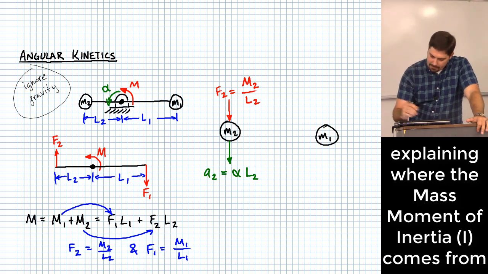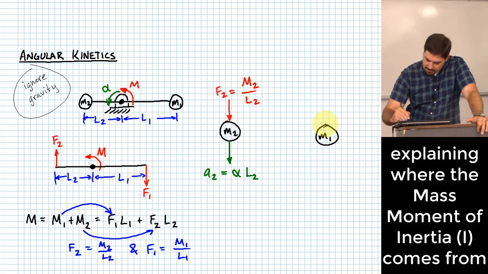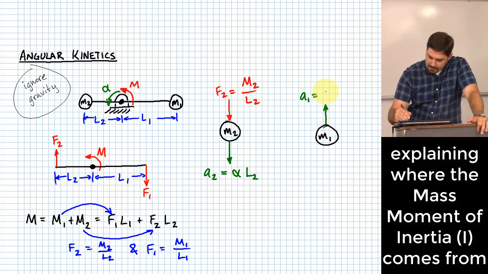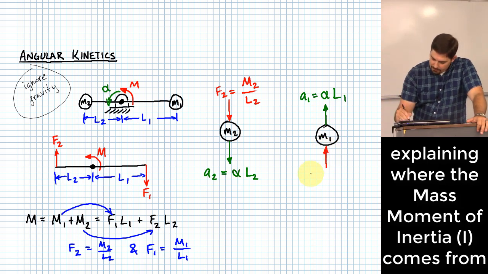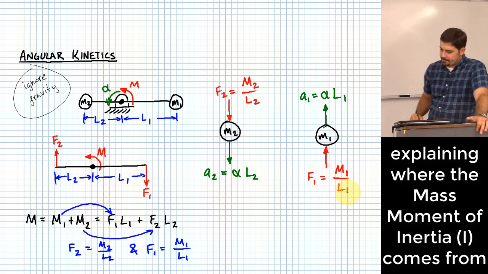So what happens with M1 is that it might begin to accelerate this way. A1 is going to be equal to alpha L1, and it's doing that under the influence of this force, F1, which is just equal to M1 over L1. Okay?